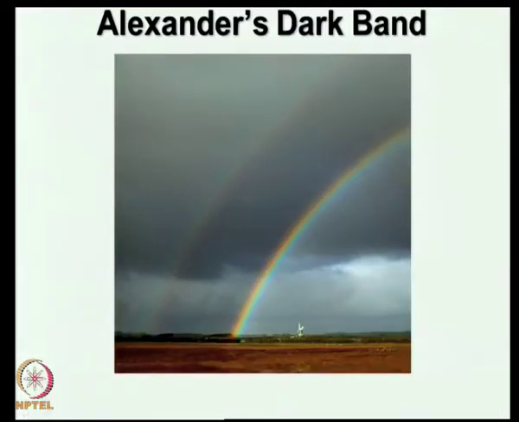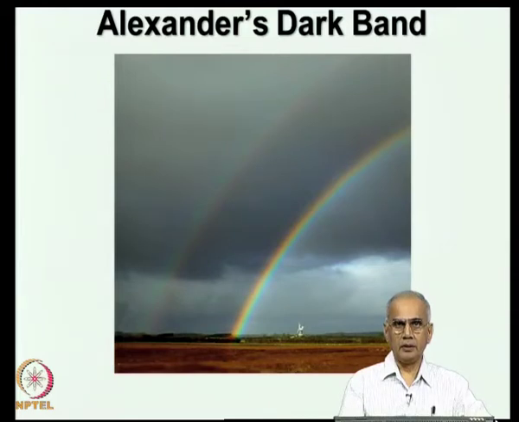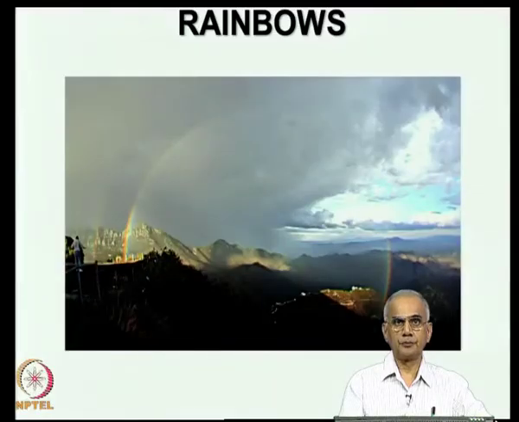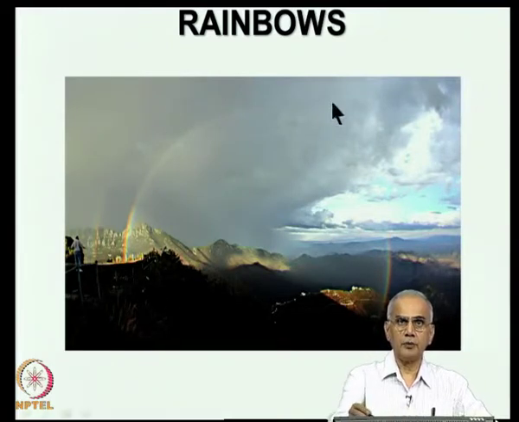Here is another picture where the primary rainbow is very clearly visible, and then your dark band, and then the secondary rainbow is somewhat subdued. Here is a similar picture with a clear difference between primary and secondary rainbows. Now, although you may not have seen it very often, you can also get completely circular rainbows.